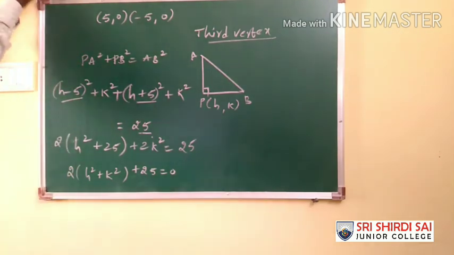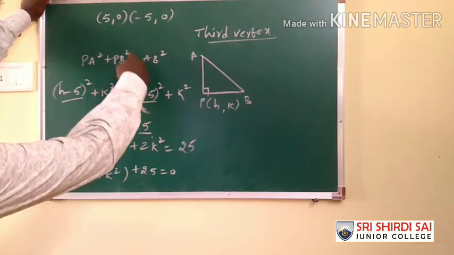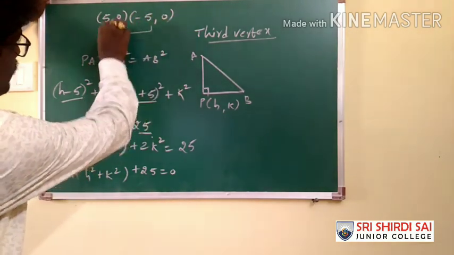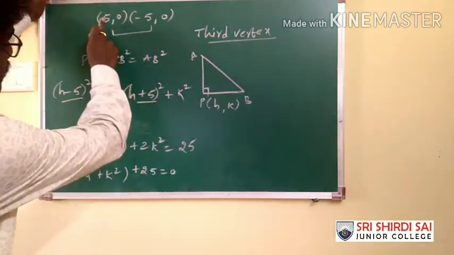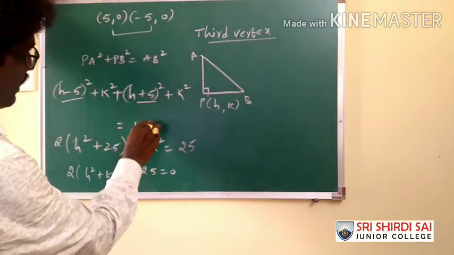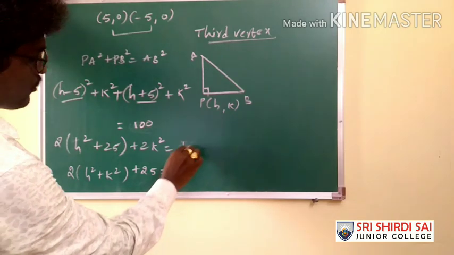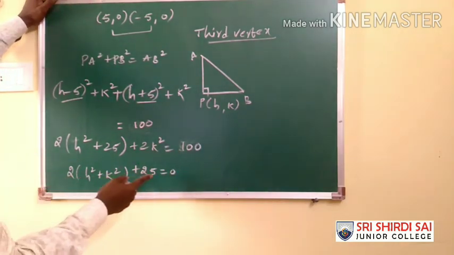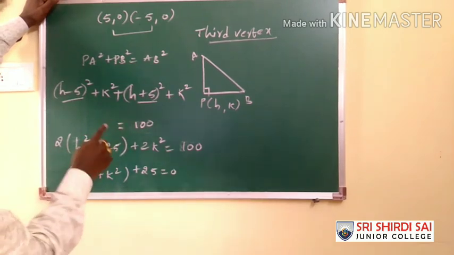PA square plus PB square is equal to AB square. Sorry, the distance AB square is going to be (minus 5 minus 5) which is minus 10, whole square, that is 100. So here it is going to be 100, and 2 times of (h square plus k square) plus 2 times of 25, 50.